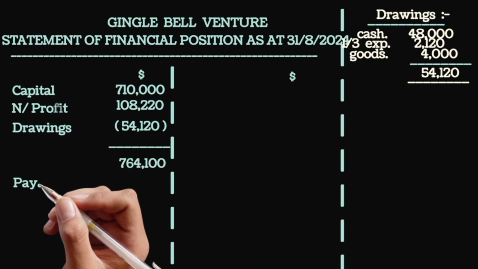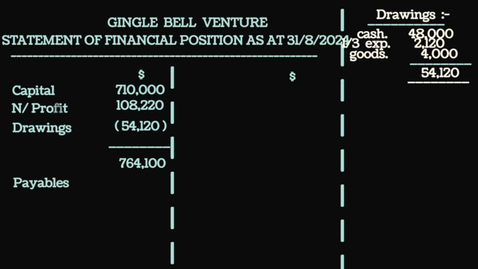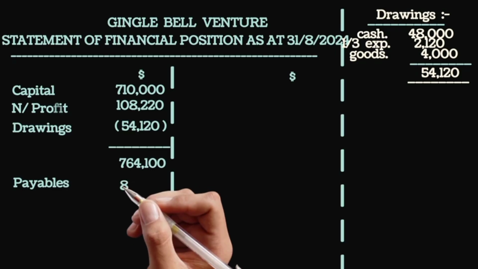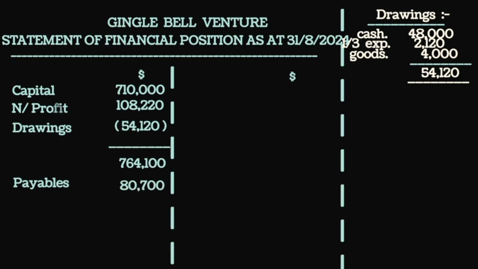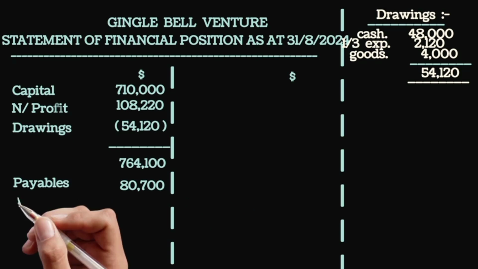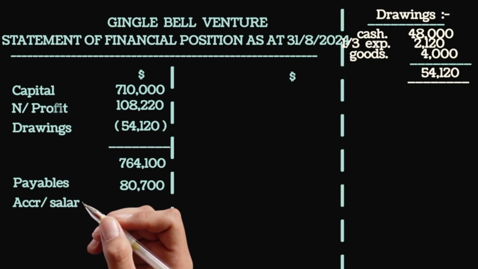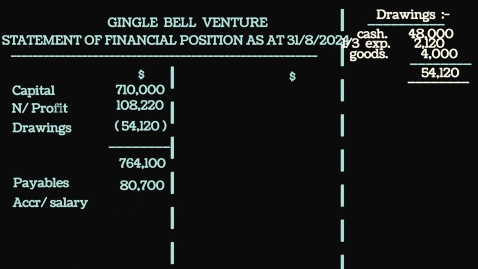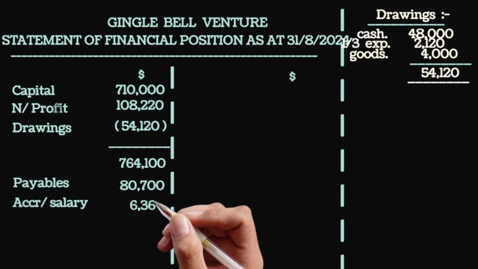Now we take the current liabilities. Are there any current liabilities? Is there any payable or any outstanding expenses? In this question, there is a payable, which is equivalent to creditor, and it is 80,700.